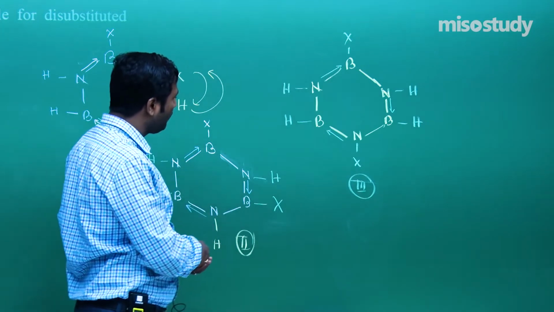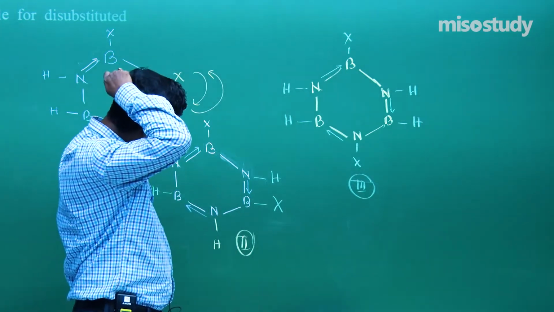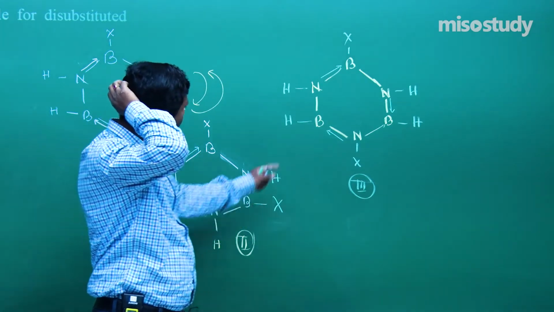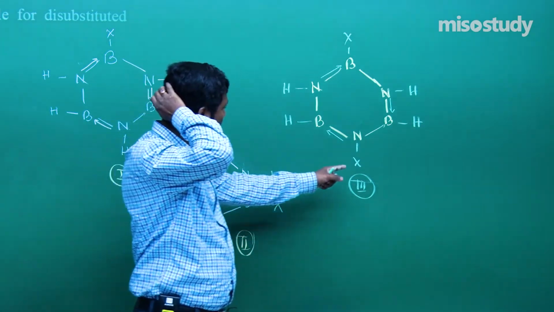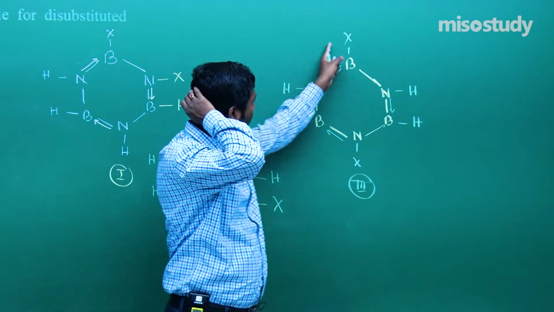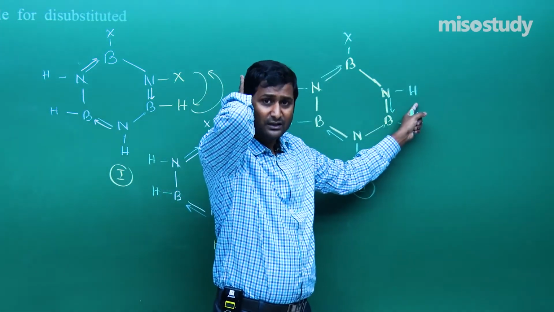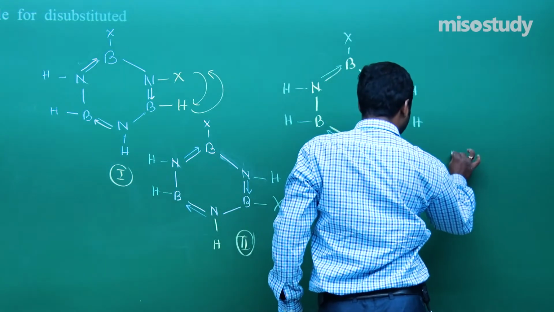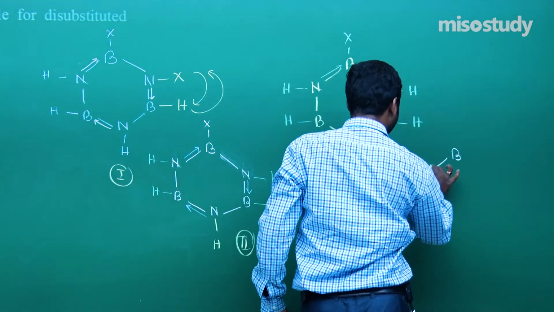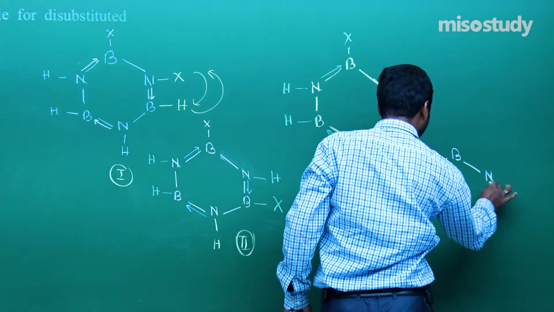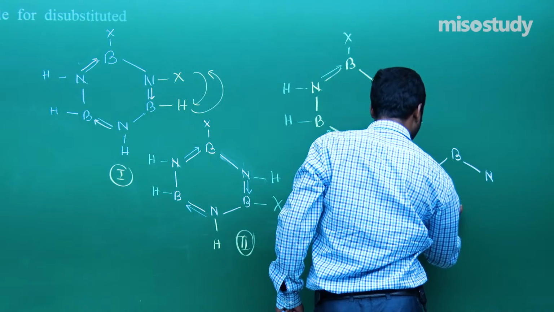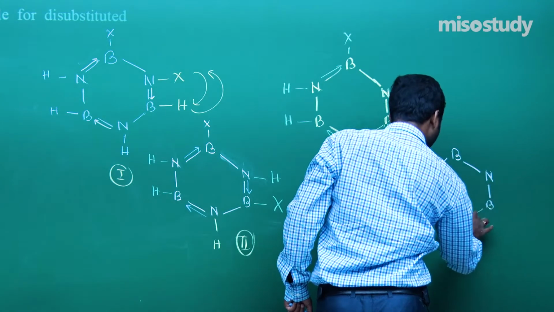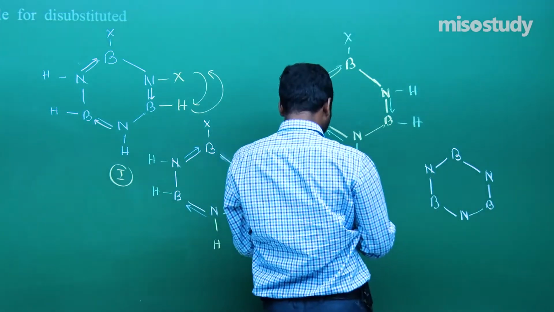Okay, is there any more possibility to draw the structure? What to do? Tell me. Yeah, definitely. If I put X here and one X here, then another structure will be possible. So I'm moving here. Check it out. The next structure will be, that is B, that is N, that is N. Okay, this one is B, this one is N, this one is B, and this one is N. Okay, sir.